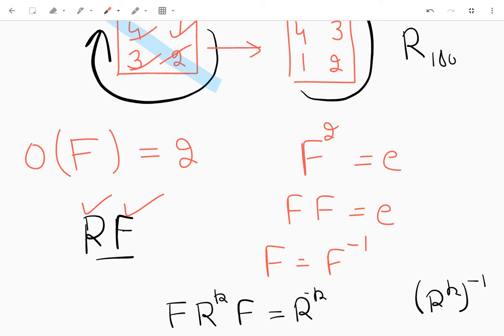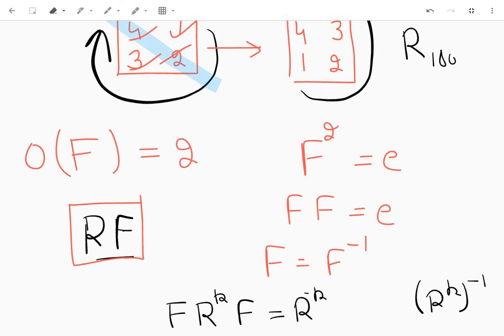A rotation will not change this order, but a flip will. Now, right? Now we flipped it, so we changed the order and then we rotated. So the order is still changed. So what this implies for us is that this RF is ultimately a flip.